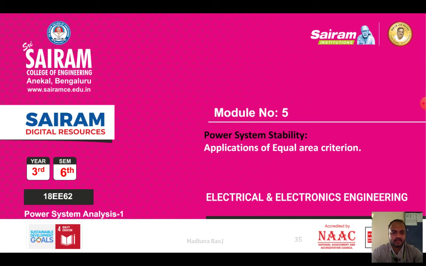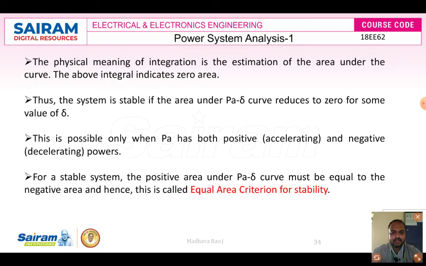So, this is about equal area criteria and swing curve. Swing curve is used to determine the stability of the system.